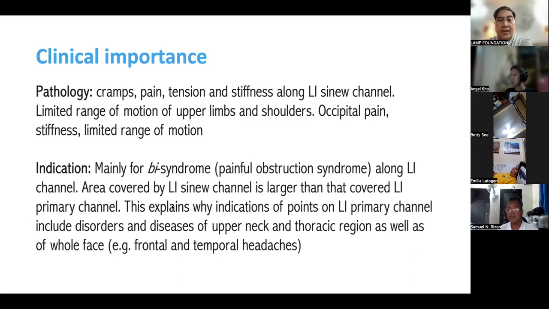The area covered by the LI sinew channel is larger than that covered by the LI primary channel. This explains why indications of points on the LI primary channel include disorders of the upper neck and thoracic region, as well as of the whole face, such as frontal and temporal headaches.